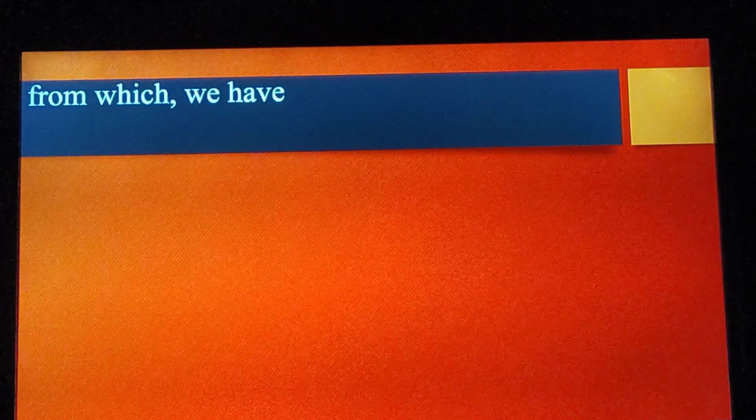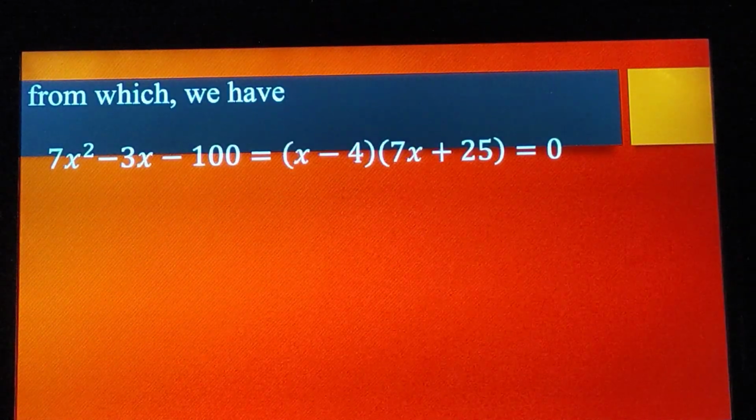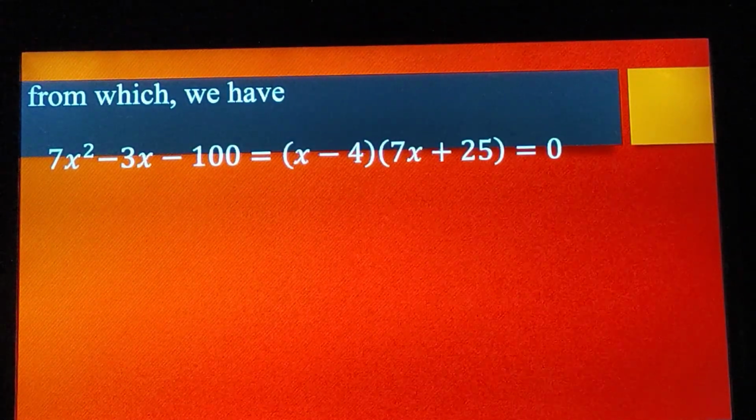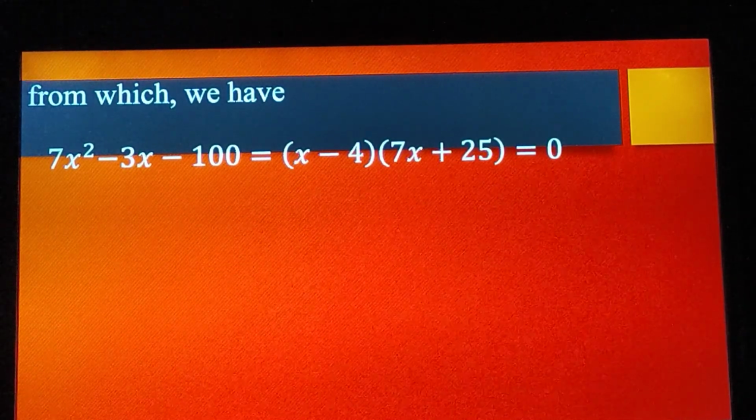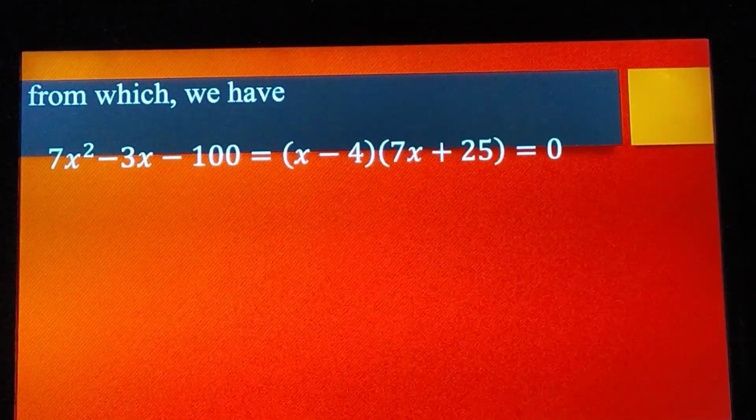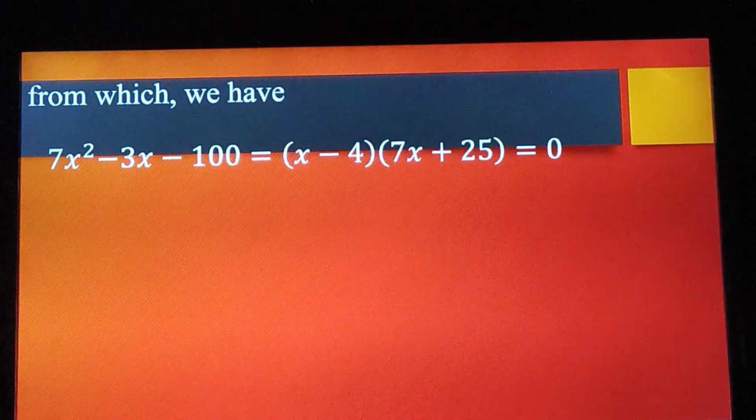From which we obtain 7x squared minus 3x minus 100, which is the product of x minus 4 and 7x plus 25 equals 0.